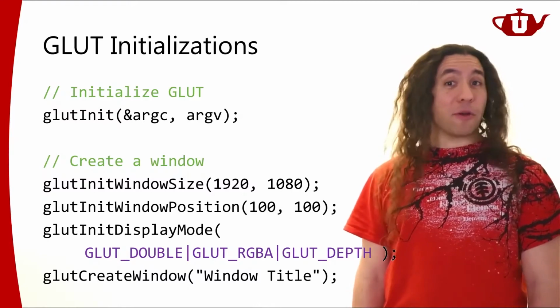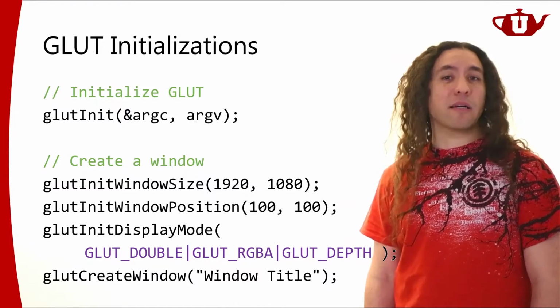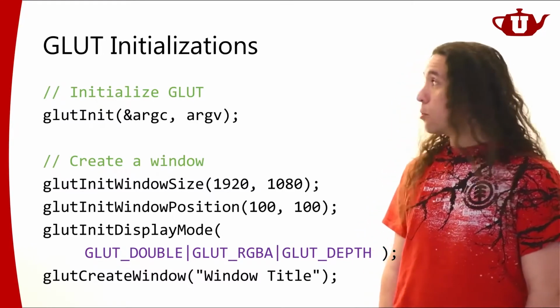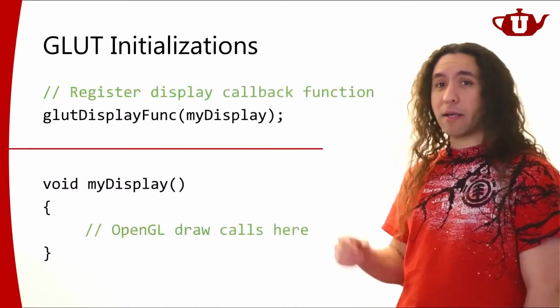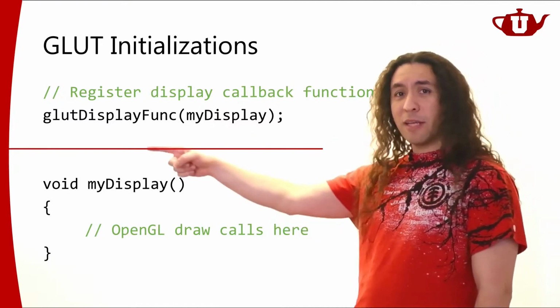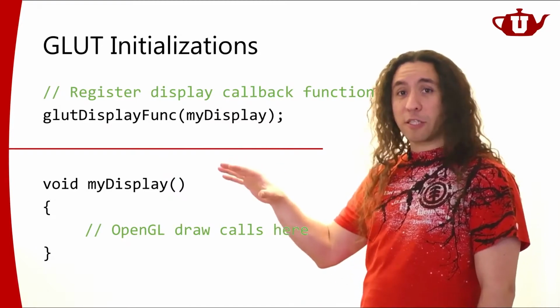If you want to draw something on that window, you will need to tell GLUT which function you will be using for drawing on that window. So the way we do that is by calling this. glutDisplayFunc. This is going to associate a particular function, your function that you wrote.